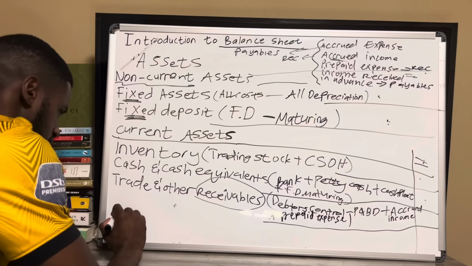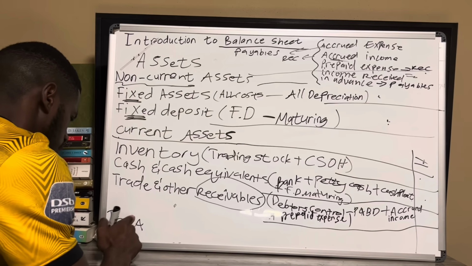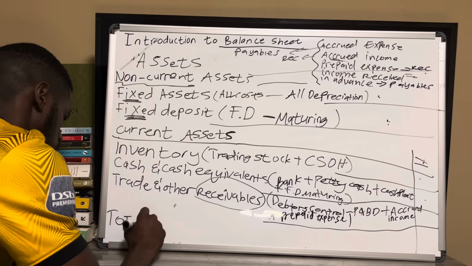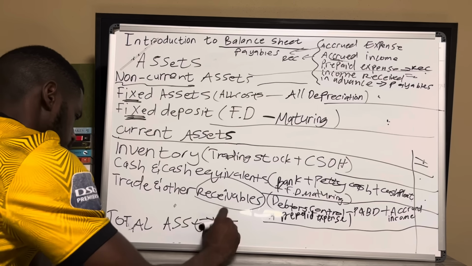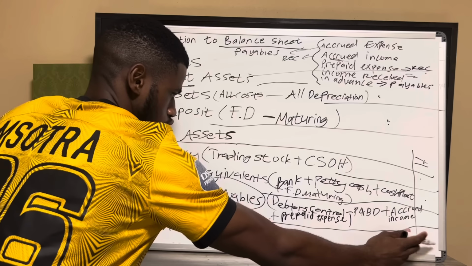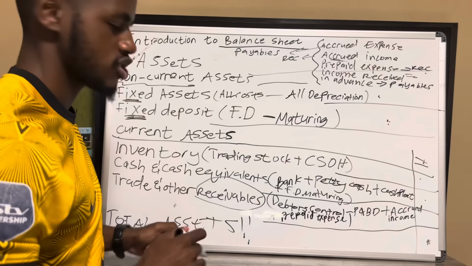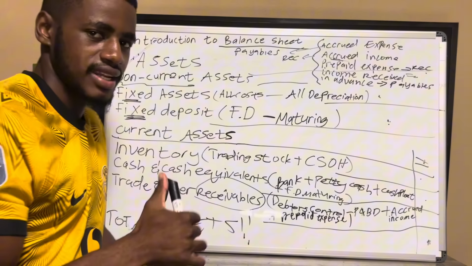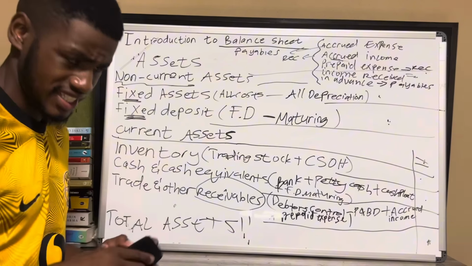The bottom will be written total assets. That is the answer that is going to be here. Okay, non-current assets plus current assets will give us total assets. That is the first part of our introduction to balance sheets.